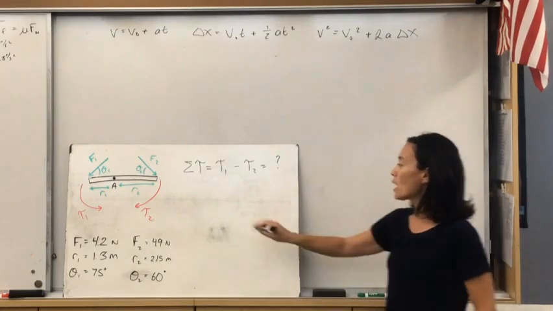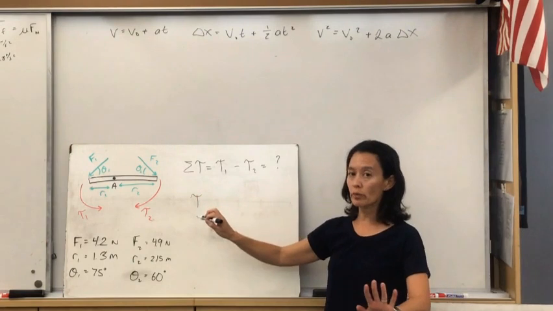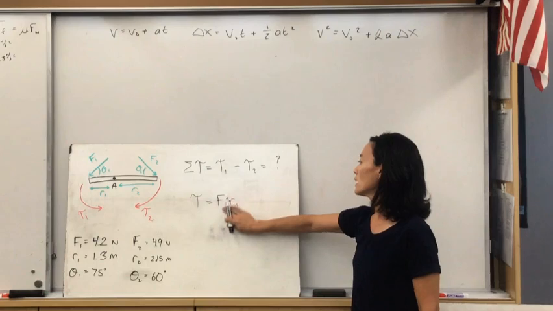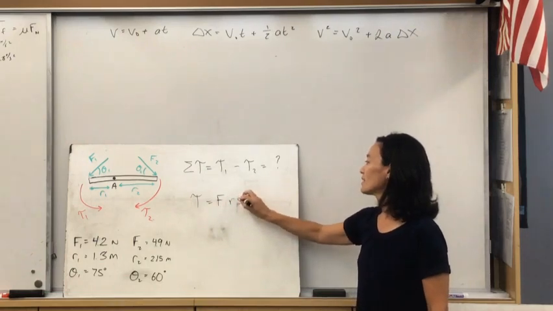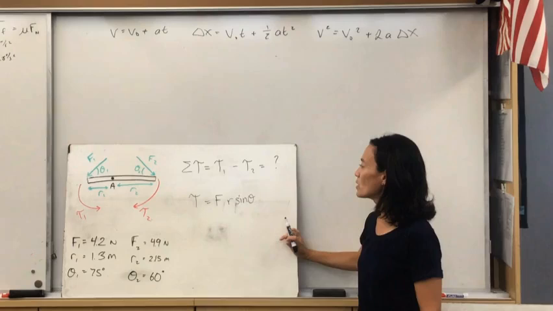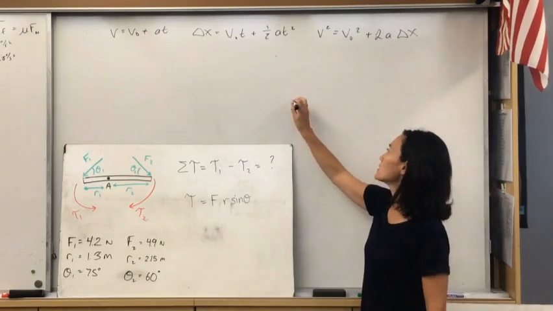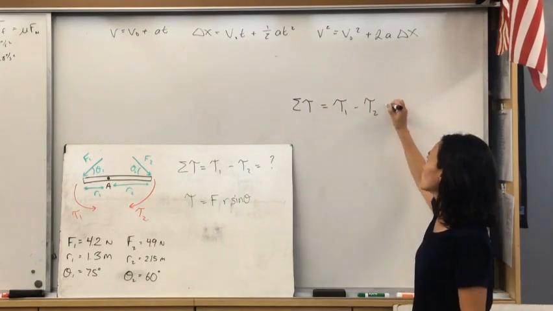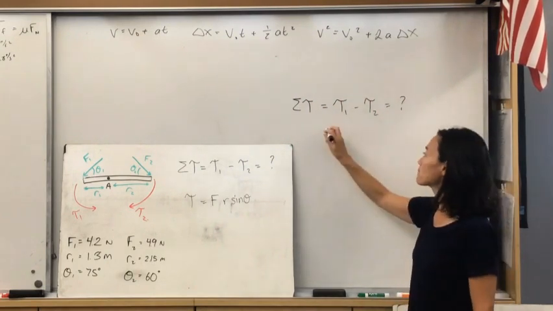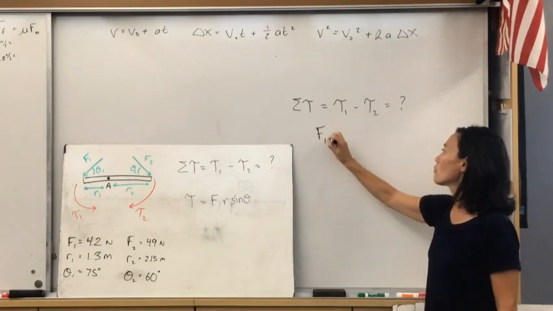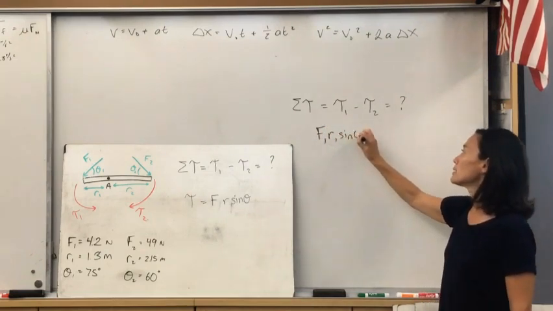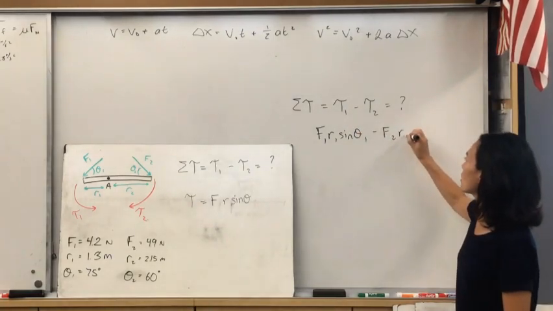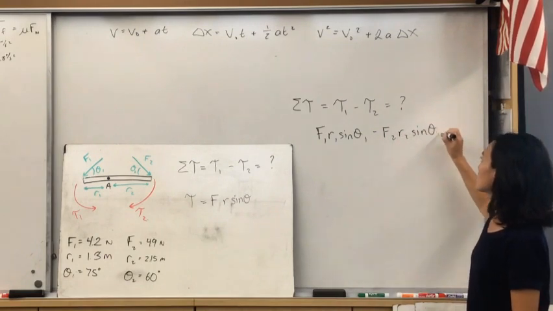Okay. So let's remind ourselves, the general equation for torque is torque is equal to F r sine of theta. So if I apply that here, I'd say, okay, well, my net torque, torque 1 minus torque 2, is equal to, I don't know, I'm trying to find that. This would become F1 R1 sine theta 1 minus F2 R2 sine theta 2.